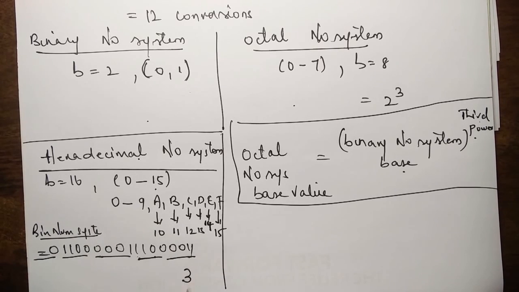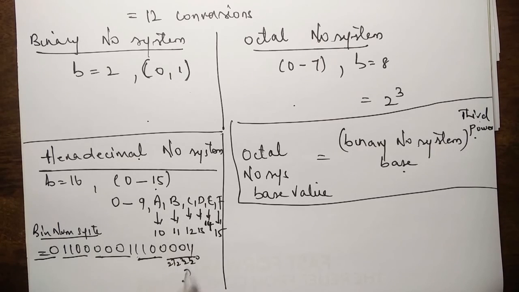This becomes 3, because 2 power 0, 2 power 1, 2 power 2, 2 power 3.